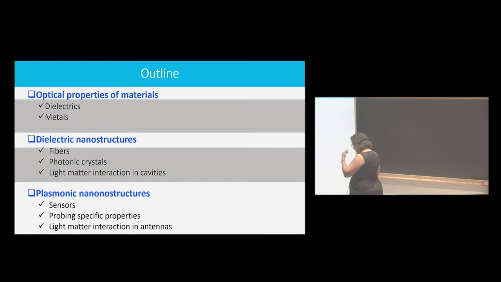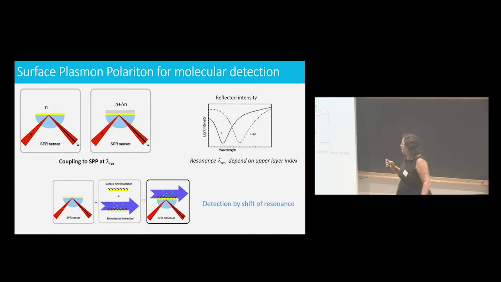So I will switch now to plasmonic nanostructures, to another point of view. For this, I will discuss what you can do with plasmons. Plasmons are very efficient for sensors. For example, here we discussed already what you can do with SPP.